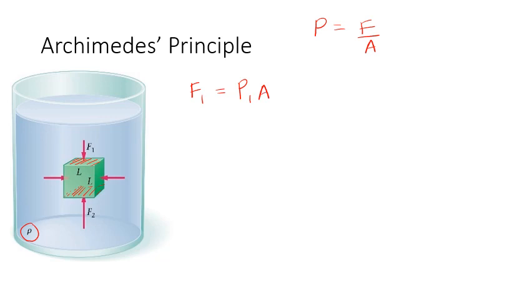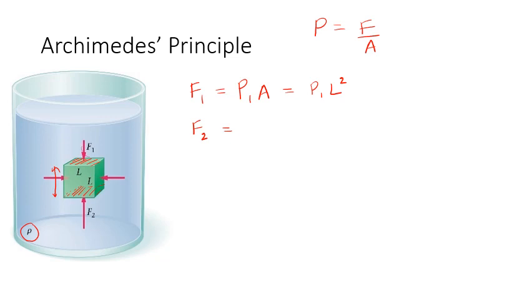Here the side of the cube is L, so the area is L squared. Similarly, we can write the F2 force. F2 depends on the height of the liquid above this part plus the F1 force.